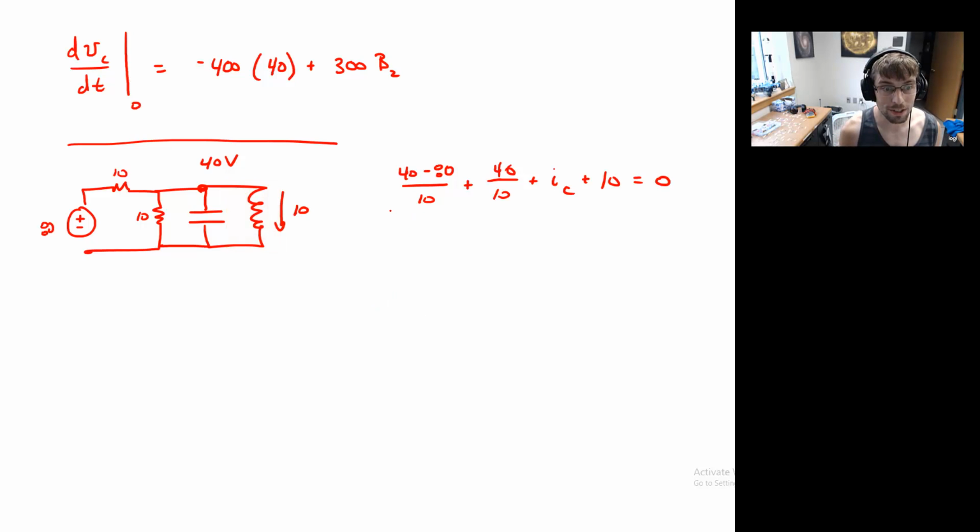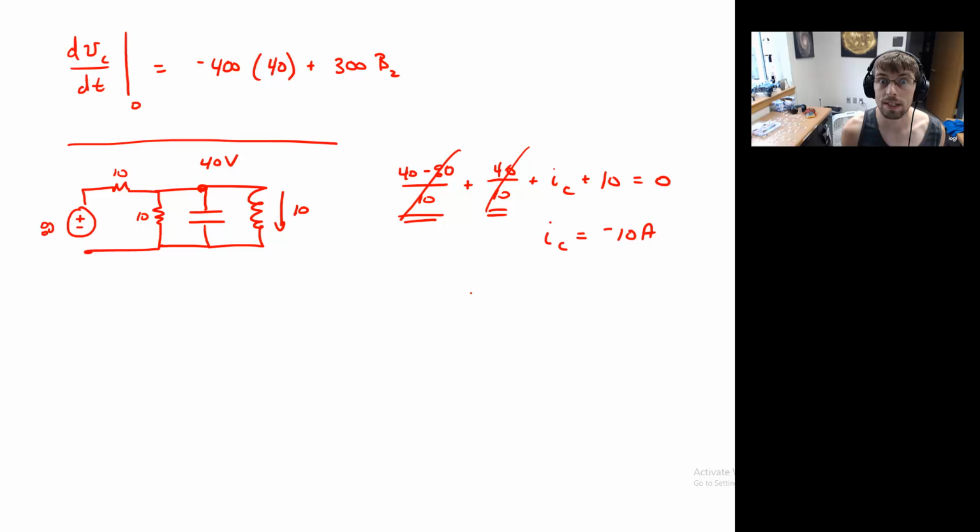Oh, goody, goody. Look at this. This 40 cancels that 40. Right? So at time equals 0, those two cancel. And I'm left with the idea that the current flowing onto the capacitor or away from the capacitor is negative 10 amps.